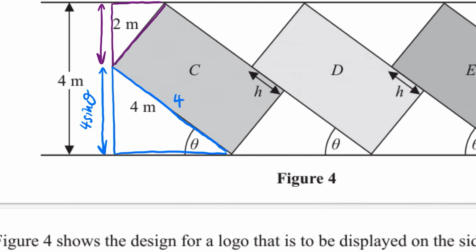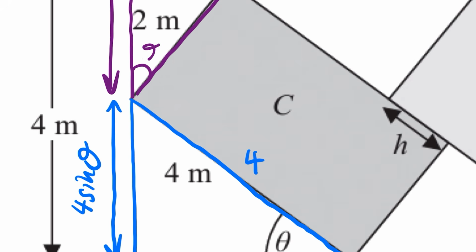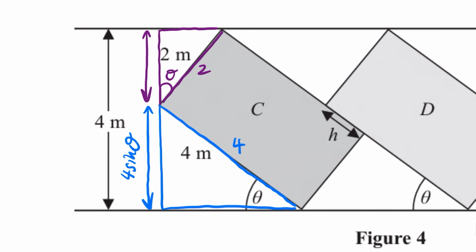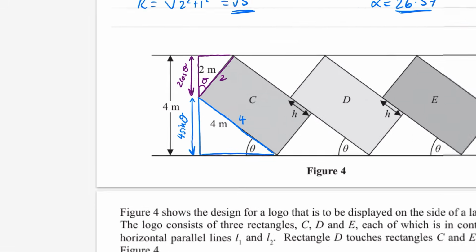That means this one here has to be theta. And if this one is theta, and we know that this length over here is 2, then this one, which is adjacent to the side, must be 2 cos theta.